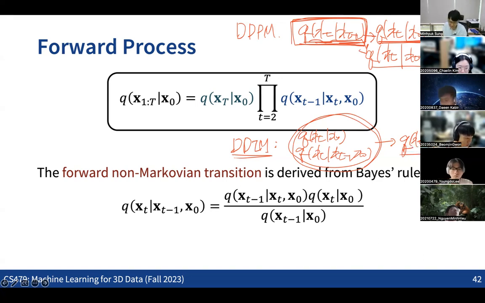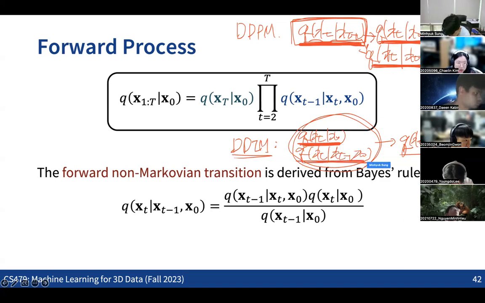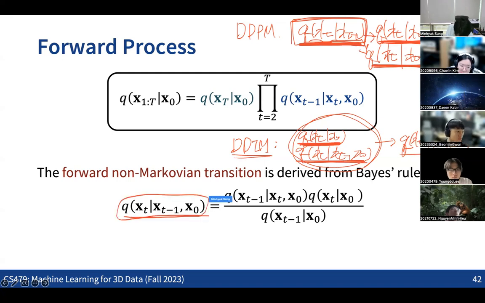In the DDPM case, we define the single transition, and from this we define the forward jump and also this conditional distribution. In the DDIM case, we define this and this, and then based on that we define the forward transition in a non-Markov way, which is not only conditioned on xt minus 1, but is also conditioned on x0 as well.